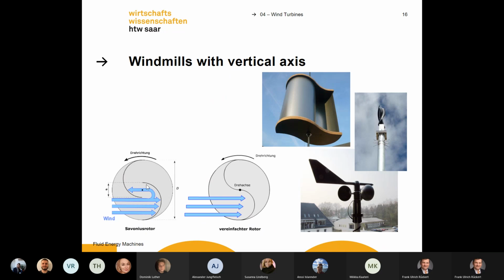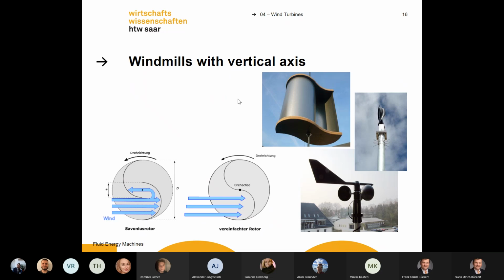You can have this type, and you can have this type. It's open in the middle. It's closed in the middle. It's a bit easier to produce this, and sometimes they look really strange. For example, you can build it so that these blades are a bit rotated about the center, but it works.